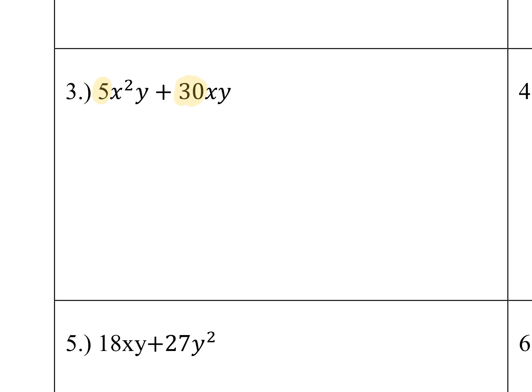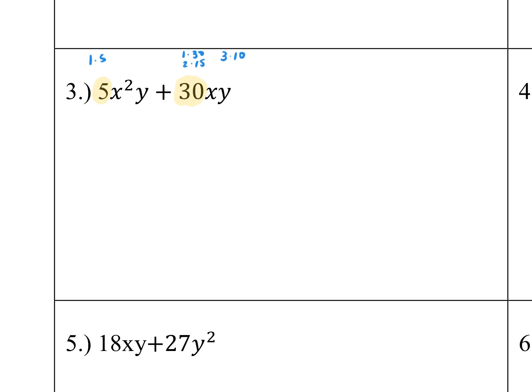Usually, I start with my smallest number. If you look at your GCF table, your cheat sheet, you know that 1 and 5 multiply together to get 5. And for 30, you should see 1 and 30, 2 and 15, and so on. 3 and 10, I think that's it, okay?